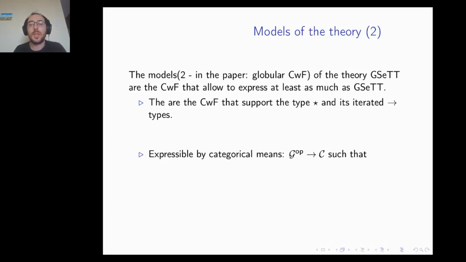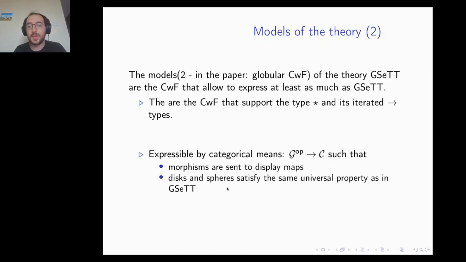So it should have a functor from the opposite category of G to C, such that the morphisms are sent onto display maps, and the disk and sphere contexts that you can build in C from this functor satisfy the same universal property. So I'm being a bit vague about it, but you can read it in the paper. It's really doable this way.